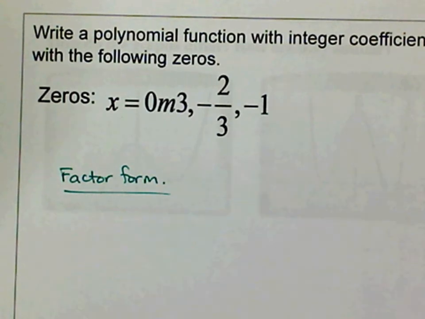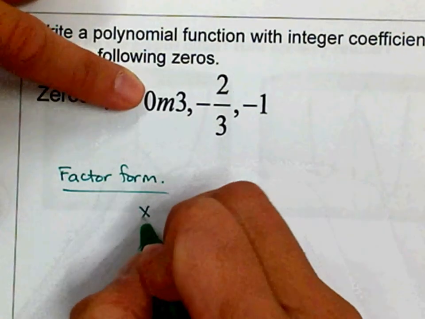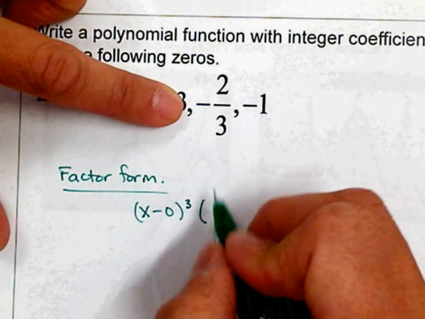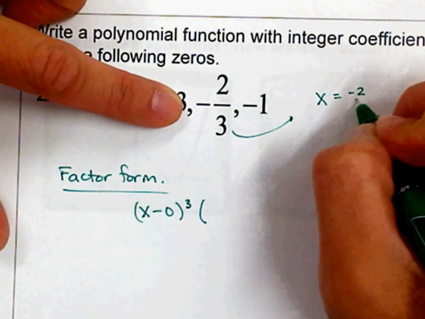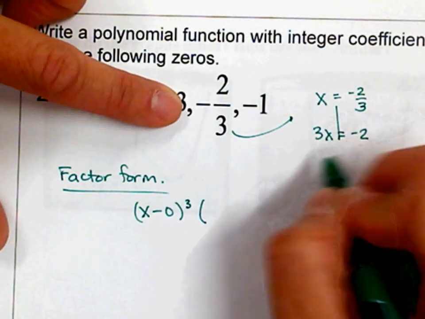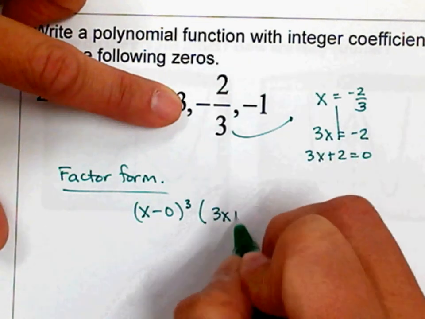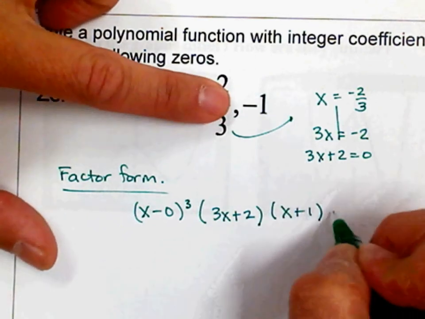Okay, here we go. So x minus 0 to the third, right? Here's this one. X equals negative 2 over 3. 3x equals negative 2. 3x plus 2 is 0, so 3x plus 2. You notice it's always the opposite, equal to 0. And there's my factor form.